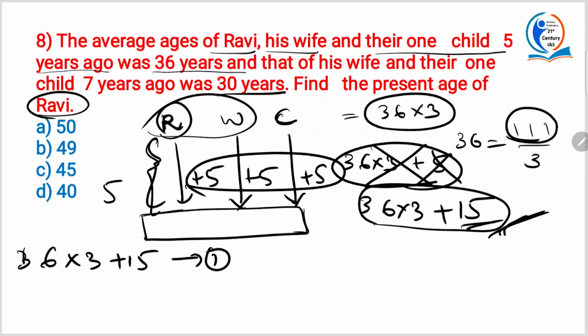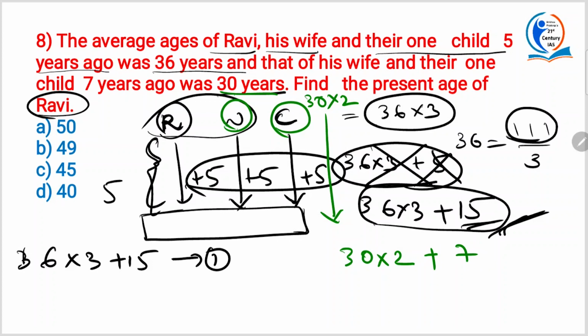Now, only this wife and child's age: the average of wife's and child's age 7 years ago was 30 years. Okay, so what was the sum of their ages? It should be 30 into 2. And what will be their present age? 30 into 2 plus 7?